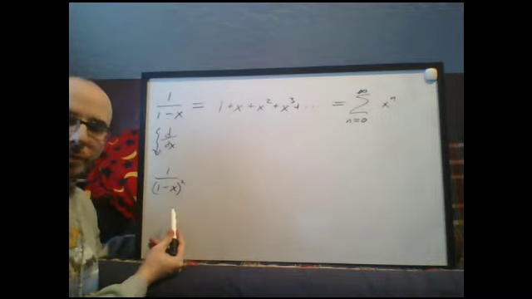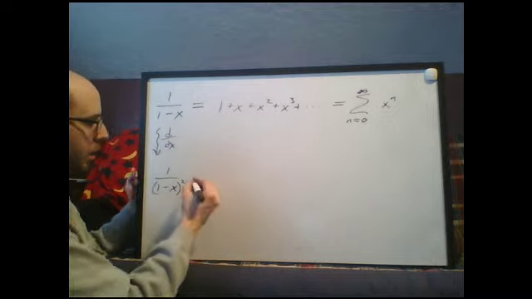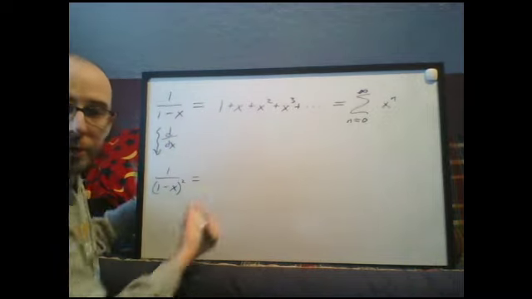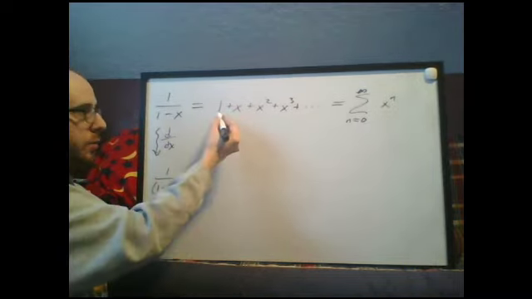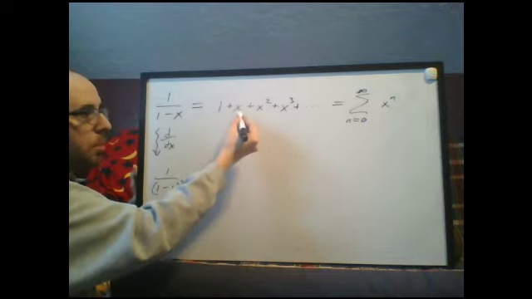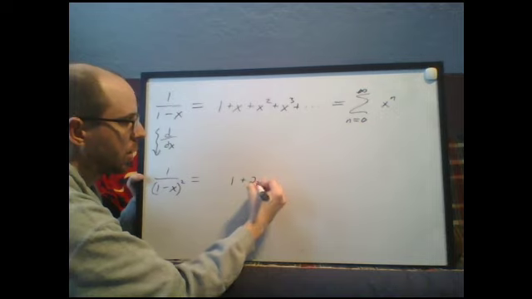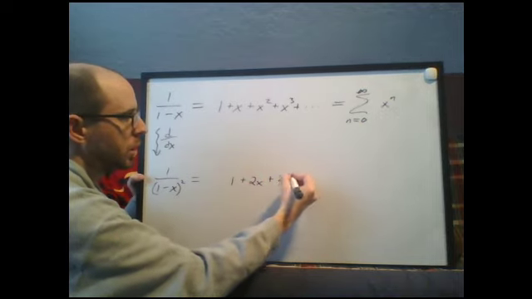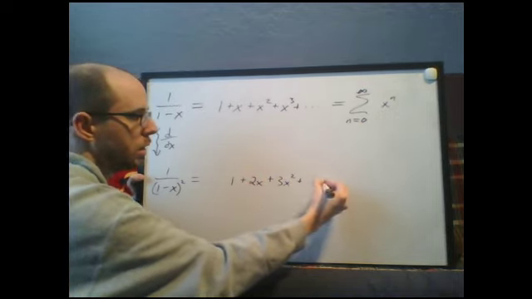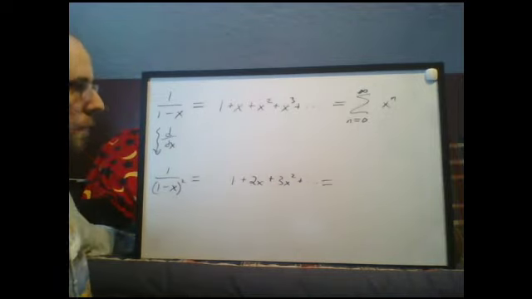We get this function if we take its derivative. Now if I go through this infinite polynomial and take the derivative, I'd get 0 plus 1 plus 2x plus 3x squared, and so on. That's going to go on forever.